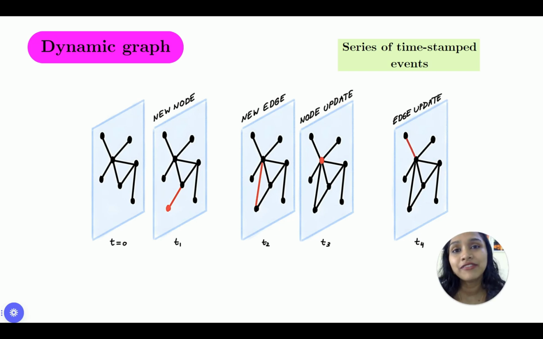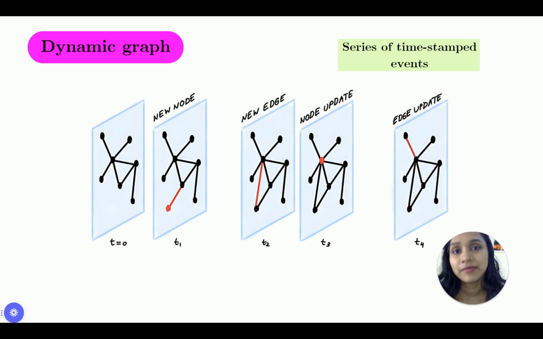Now let me clarify one thing. There can be two types of dynamic graphs, called discrete time dynamic graph and continuous time dynamic graph. This is an example of a continuous time dynamic graph where the graph is considered as a series of time-stamped events.